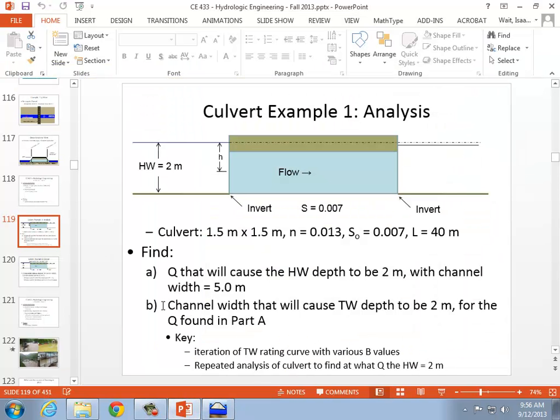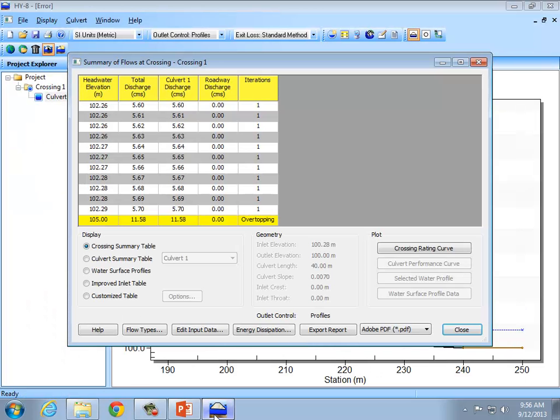Before we move on to part B, let's just play around on part A a little bit. Remember, we were talking about how we'd assume worst case scenario with a square-edged face, not putting in wing walls. Let's see how much it would drop the headwater depth if we did have a nice smooth transition zone.